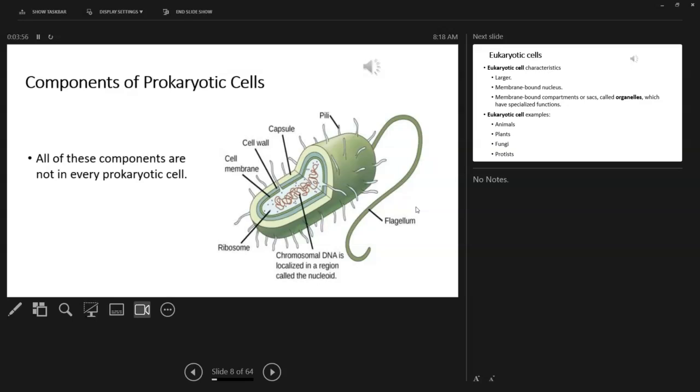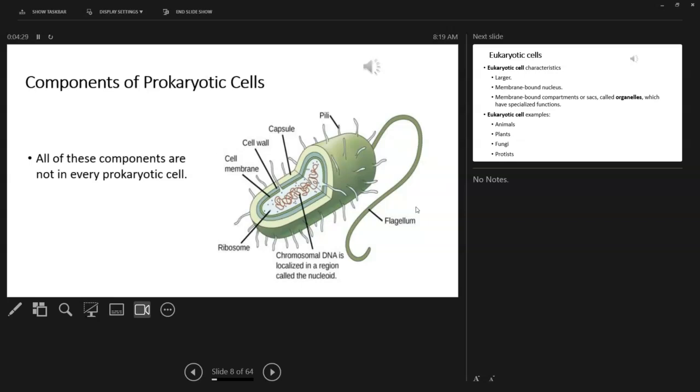So the little dots are the ribosomes where proteins are made. These short little hair-like extensions are called pili, pilus with the US is singular. These are also for attaching to surfaces or to other cells. When we do a chapter on bacteria, we'll see that some of these are hollow.